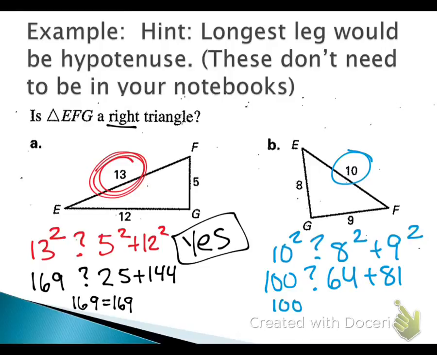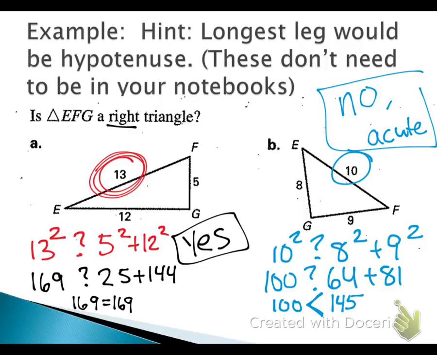So 100, 145. The less than symbol would go here. So is this a right triangle? The answer is no. Do you know what kind of triangle it is if they're less than? Acute. Good. So I'm just going to say no, acute. Questions?